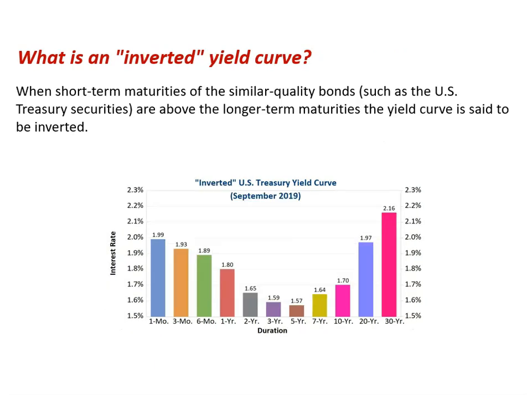One of the things about the yield curve is that it is not always normally shaped. At times, the yield curve is inverted. So, what does it mean that the interest rate yield curve is inverted? When short-term maturities of similar quality bonds, such as the U.S. Treasury securities, are above the longer-term maturities, the yield curve is said to be inverted.